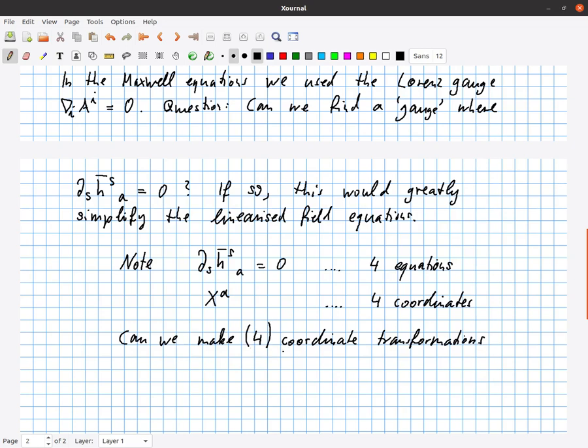So can we make a coordinate transformation, which obviously involves the 4 coordinates, so hence the number 4 here. Can we make 4 coordinate transformations such that the 4 equations are satisfied?